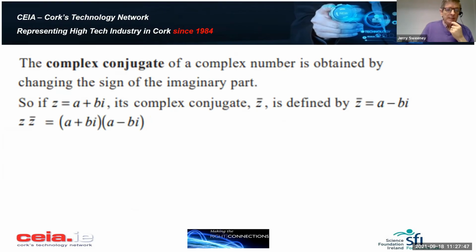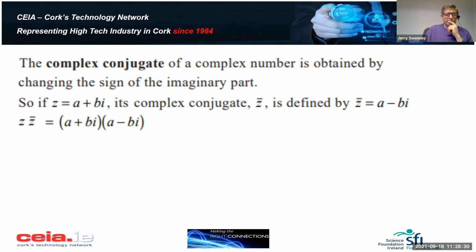And something interesting is that if you multiply a complex number by its own complex conjugate, then you get a real number, which is a squared plus b squared. Because a multiplied by a gives you a squared, minus b multiplied by bi squared gives you plus b squared, and the two middle terms in the FOIL cancel out.